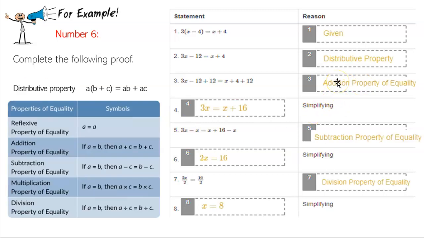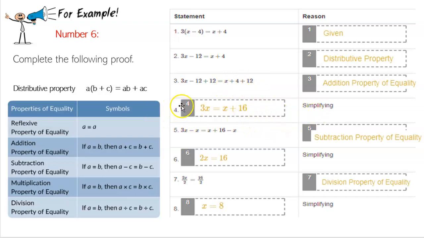So addition property of equality. The next line says simplifying. So you're going to take number 3 and simplify to line 4. So 3x minus 12 plus 12 is 3x. x plus 4 plus 12 is x plus 16. So we've simplified.